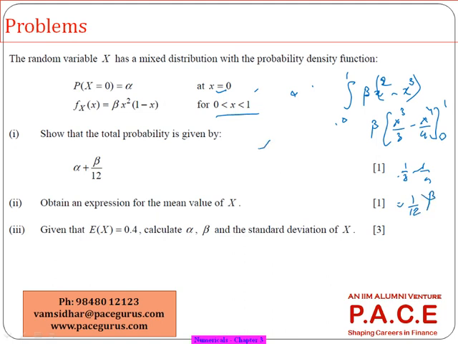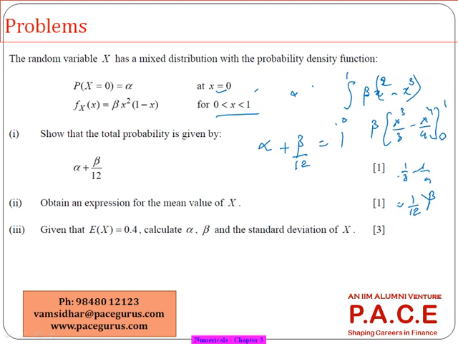So the probability of the first part is alpha, probability of the second part is beta by 12. The sum of all the probabilities should be equal to 1. So alpha plus beta by 12 should be equal to 1. When you are summing up the probabilities, it is each individual probability itself. This is a discrete.